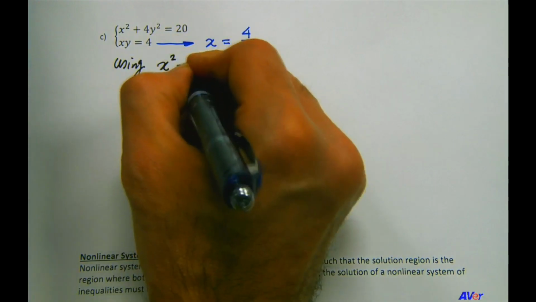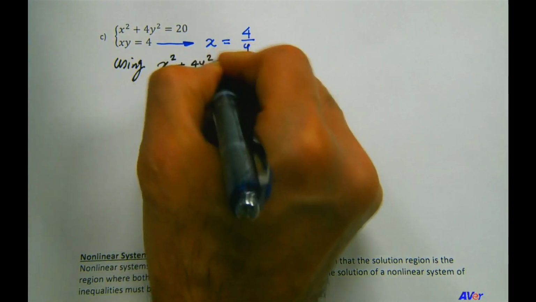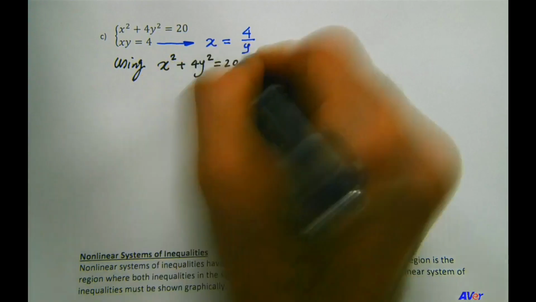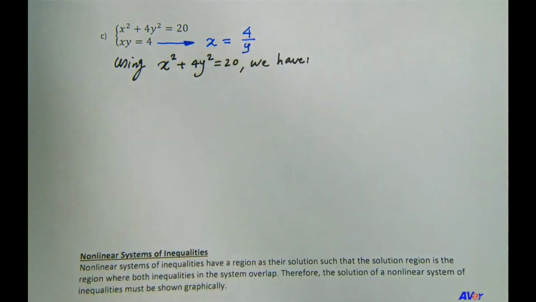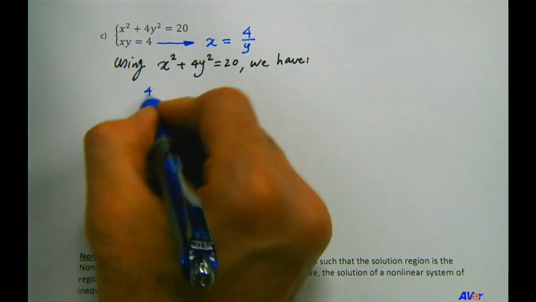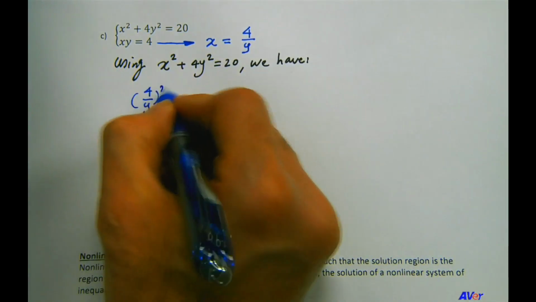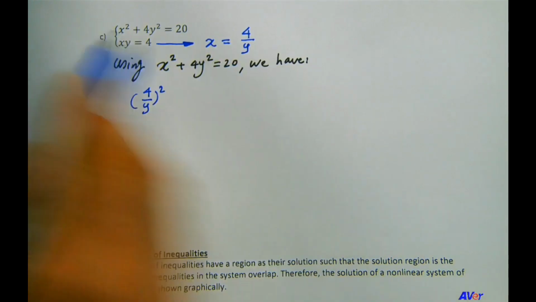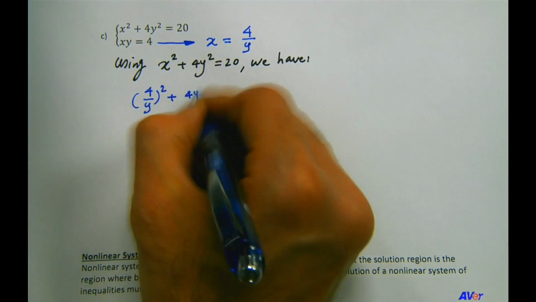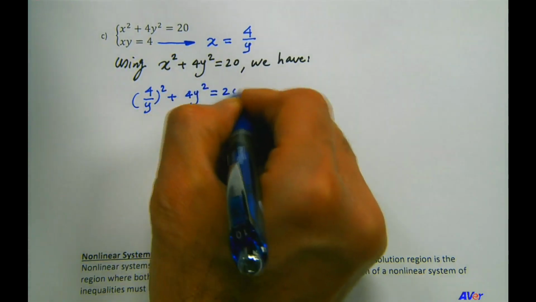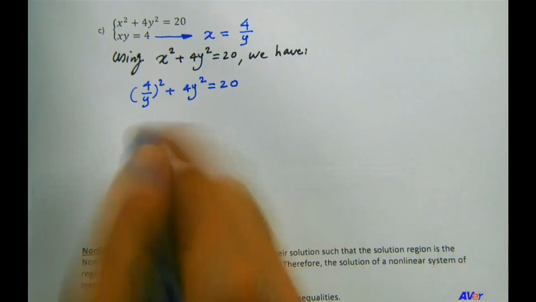So right there, now we have, using x squared plus 4y squared equals 20, the following. 4 over y squared, right? Instead of x squared, we have 4 over y squared plus 4y squared equals 20. So what do we have?